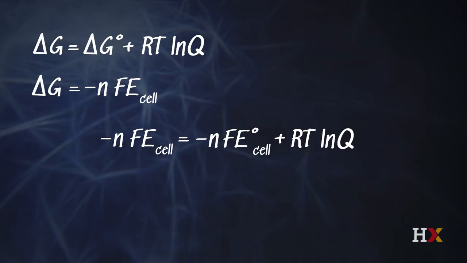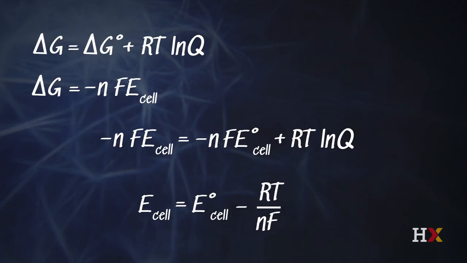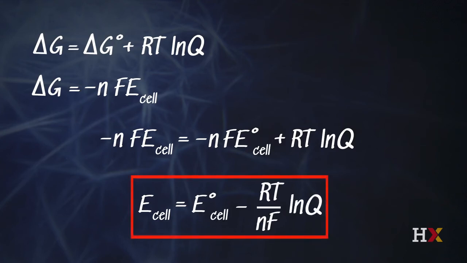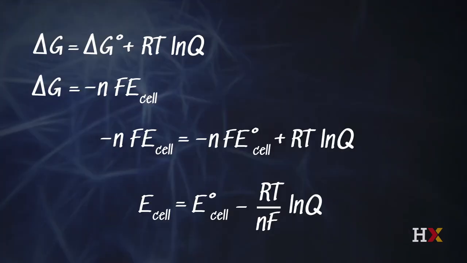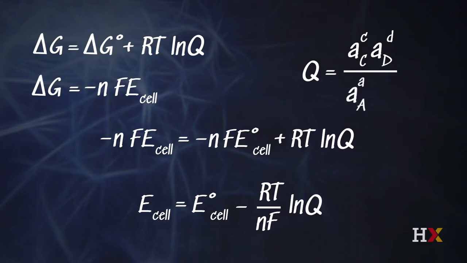So if I multiply through by minus 1 and divide through by NF, I have a really simple deduction that the cell voltage under non-standard conditions is the cell voltage under standard conditions minus RT over NF times the log of Q. So that means that as we go through the sequence from a brand new battery to an aging battery, remember that Q is equal to the activity of the product C times the activity of the other product, D, divided by the activity of the reactant A times the activity of the reactant B, raised each to its stoichiometric coefficient.